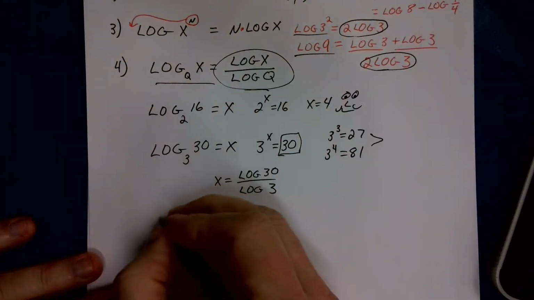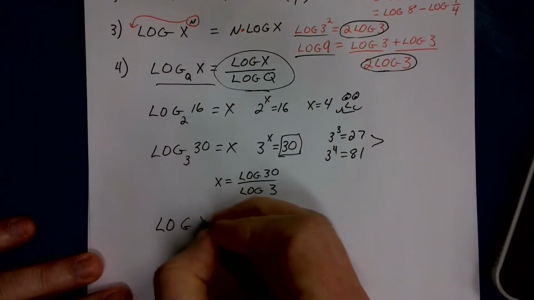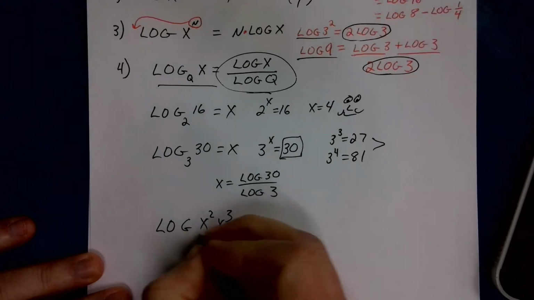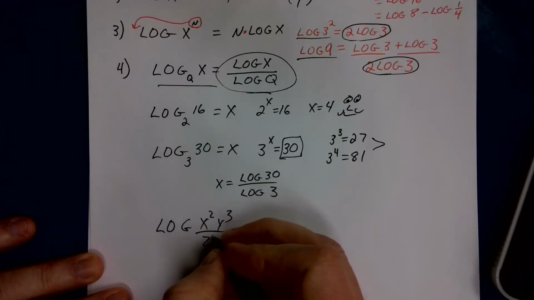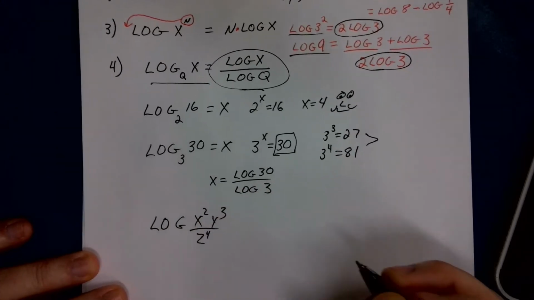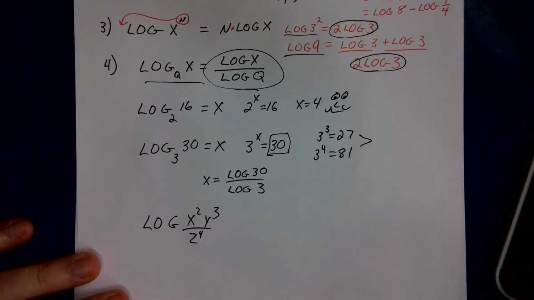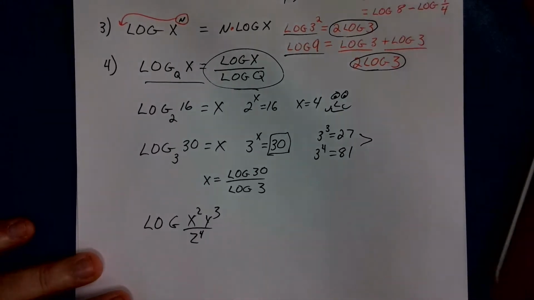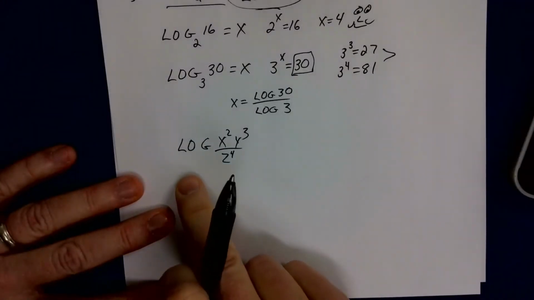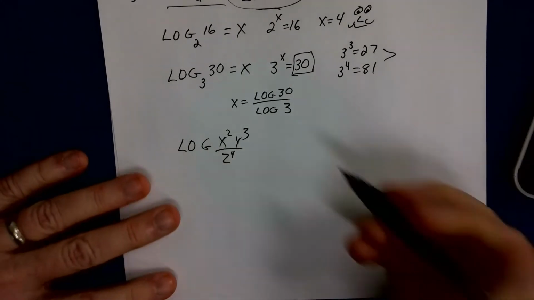So what happens if I have something like this, log of x squared y cubed over z to the 4th, something like that, and I wanted to expand this? I'm like, hey, that's a single logarithm. I want to break it up into smaller logs.